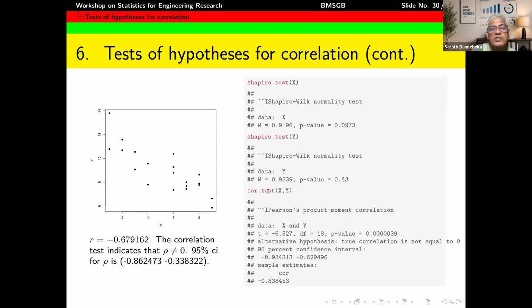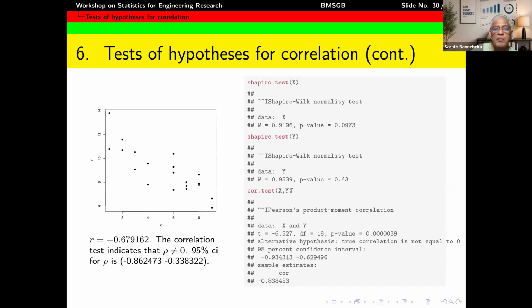In this correlation test command, when you say between X and Y, there are several options. You can choose the method, but the default method tests the Pearson's correlation coefficient. In the earlier case we wanted to test the Pearson correlation coefficient, so I didn't have to mention the method.